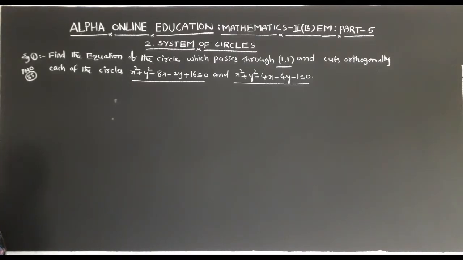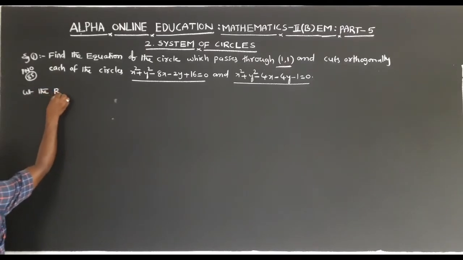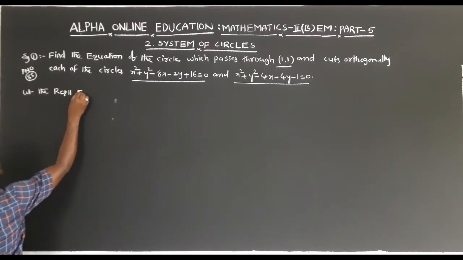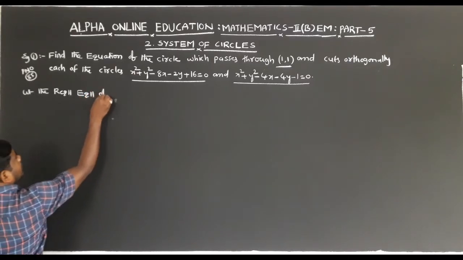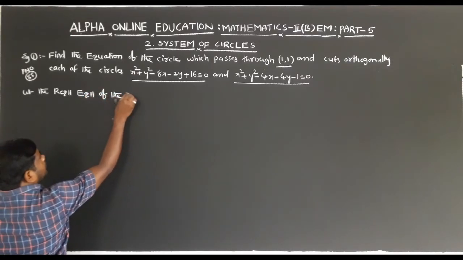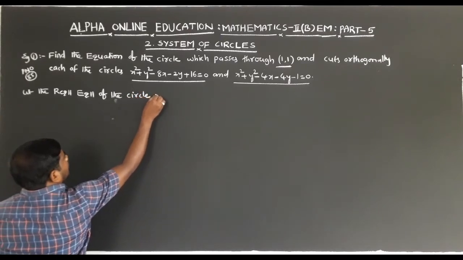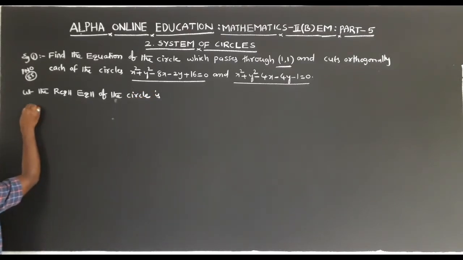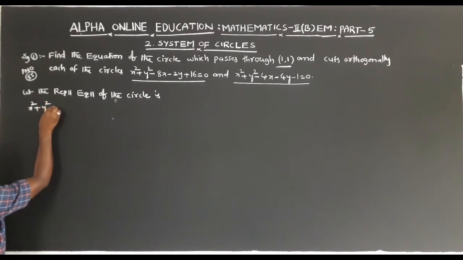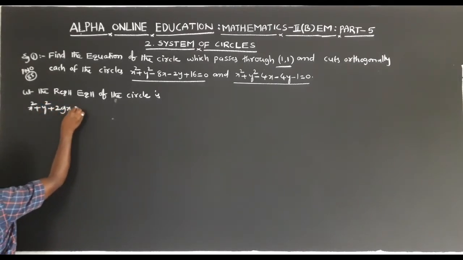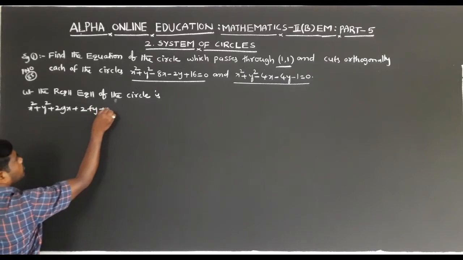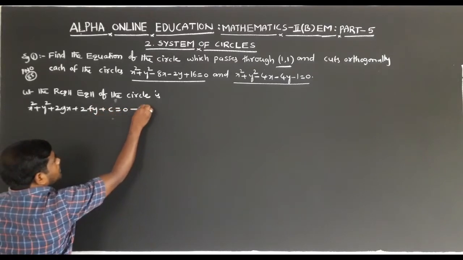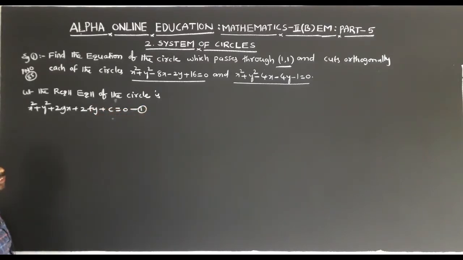Here, let the required equation of the circle be taken in general form: x square plus y square plus 2gx plus 2fy plus c is equal to 0.